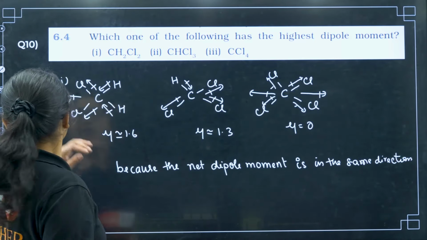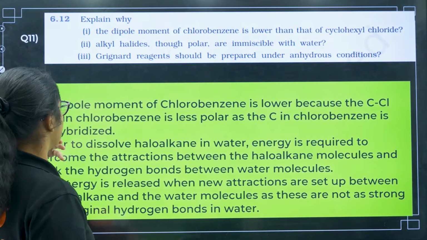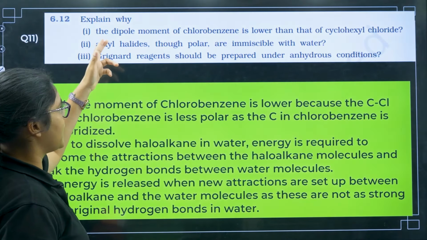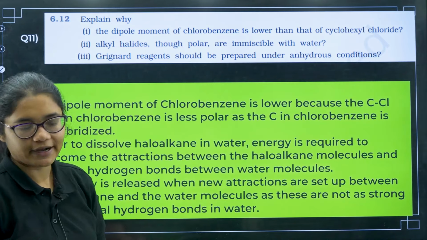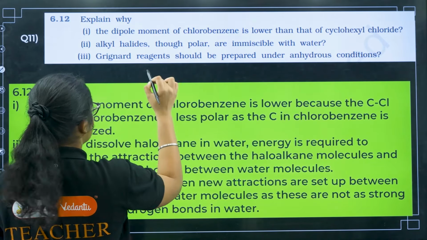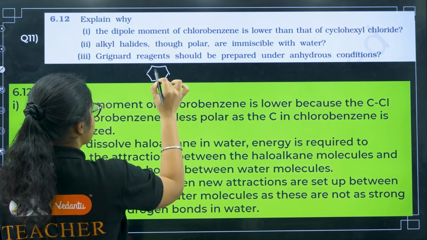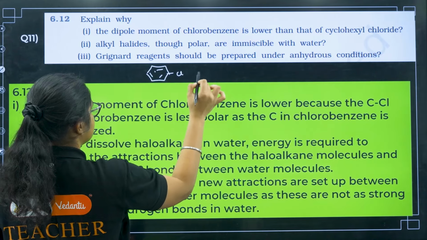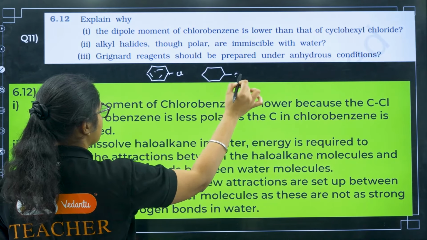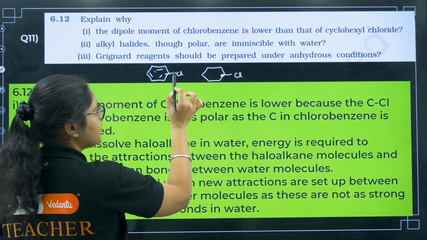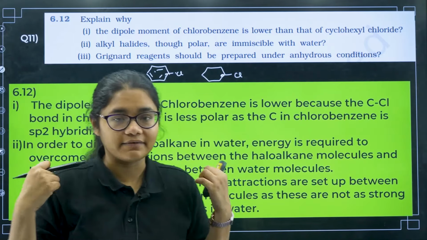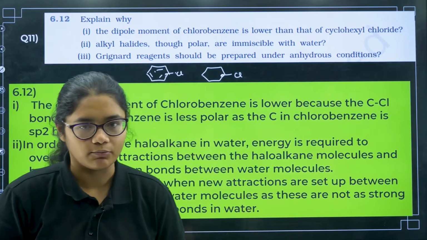Clear? Okay, next we'll move to question number 11, that is explain why the dipole moment of chlorobenzene is lower than that of cyclohexyl chloride. So if you compare, this is chlorobenzene and this is cyclohexyl chloride. So what happens, the electronegativity difference, more is the electronegativity difference, better is the dipole moment, right?